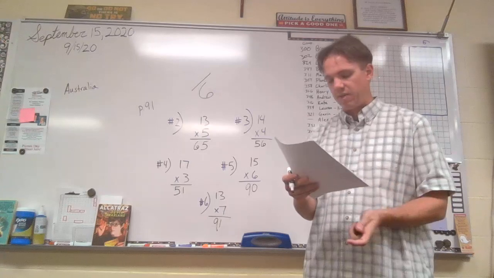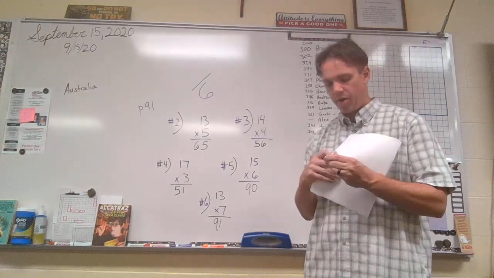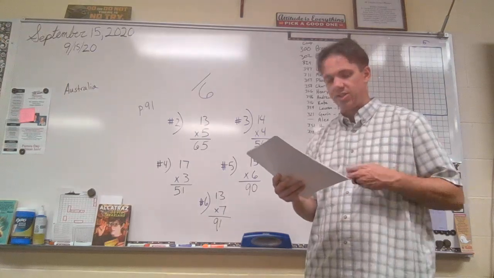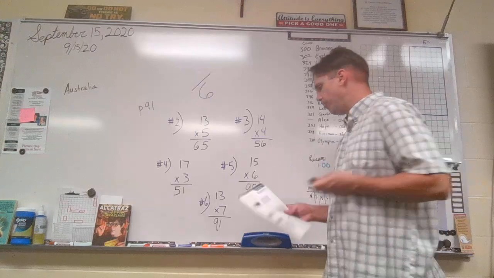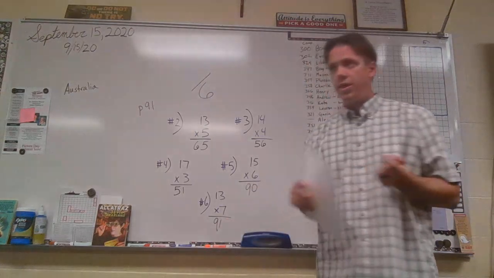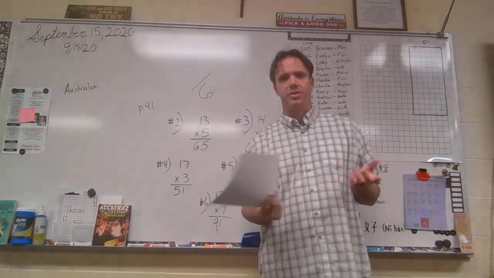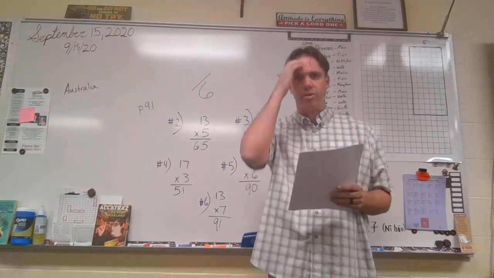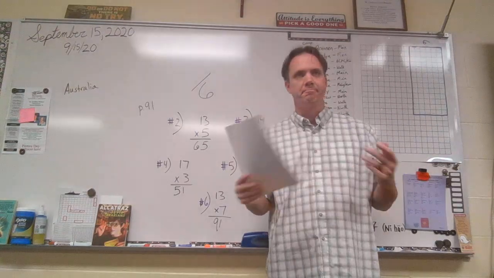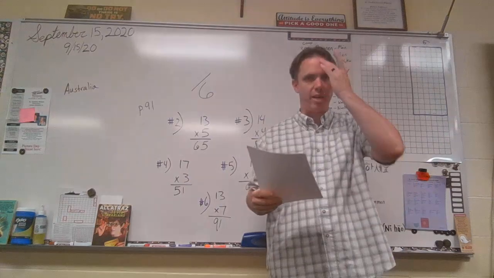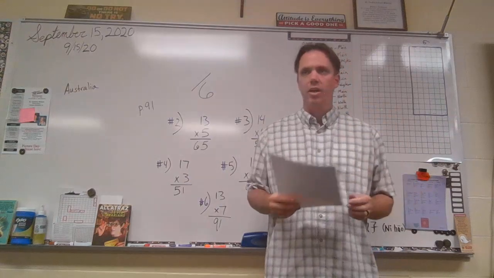But then number 7 is explain how you can use a model to find 6 times 17. This, again, because it's one of those explanation questions, there could be a lot of different things that are valid.